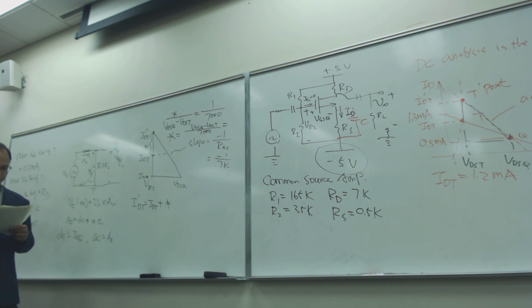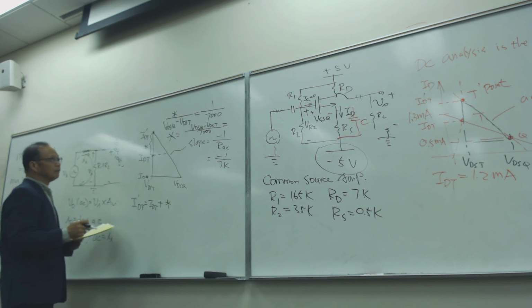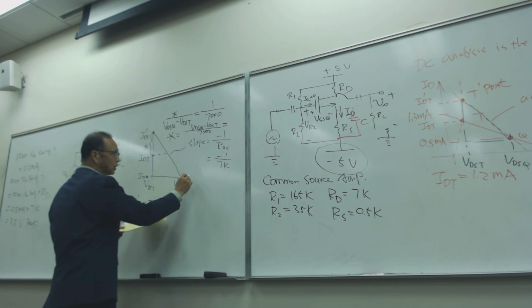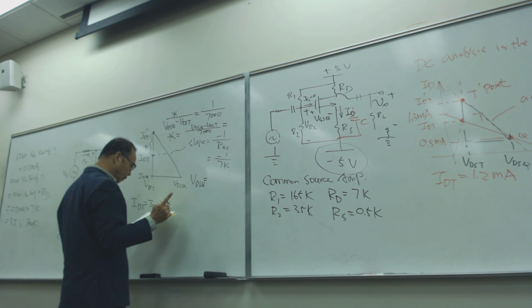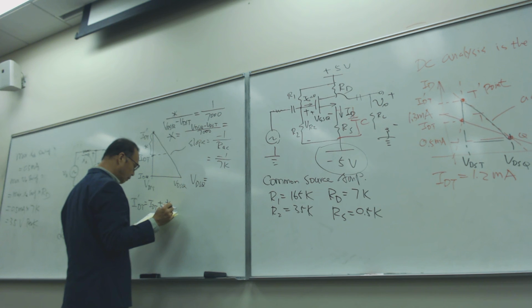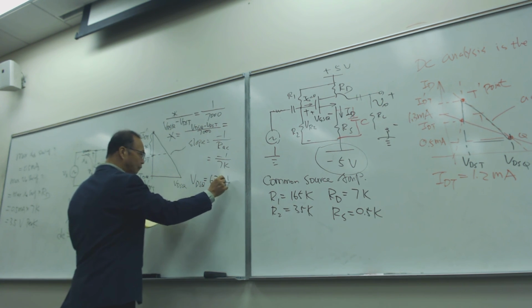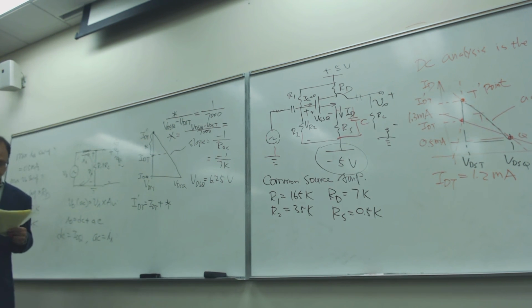Let me see if I have the value for that. I'm not sure I have it. Well, VDSQ we know. Let me remind you, VDS is 6.25 volt, correct?